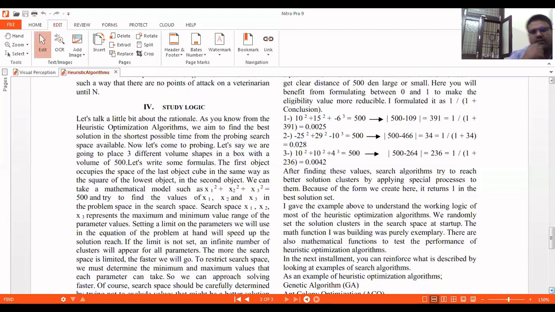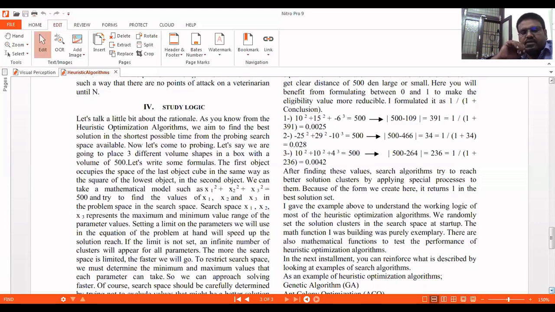The more the search space is limited, the faster we will reach a solution, so we must determine the minimum and maximum value that each parameter can take.